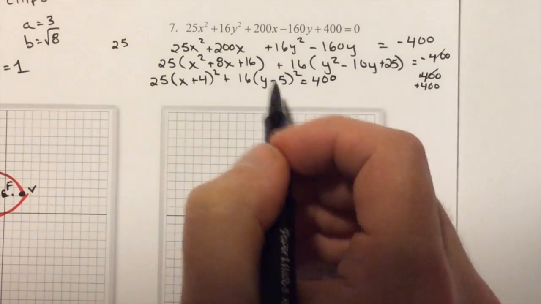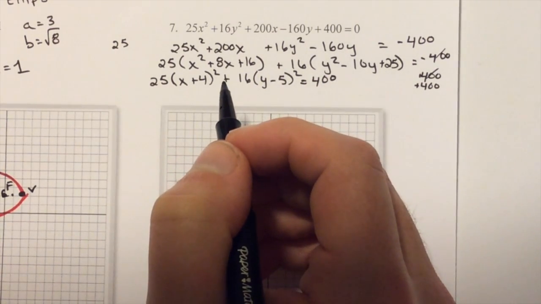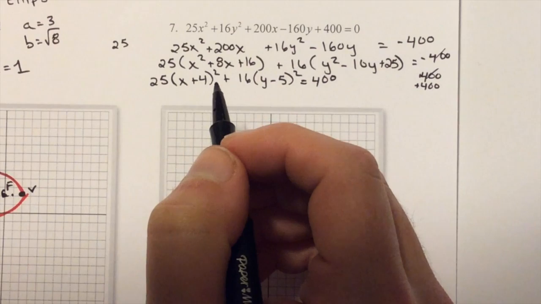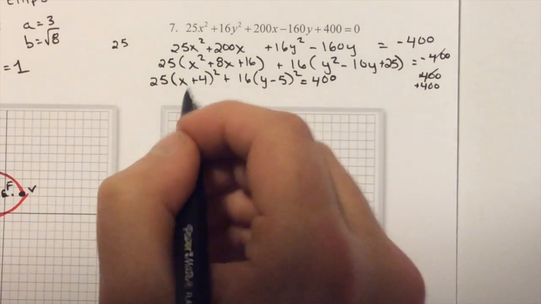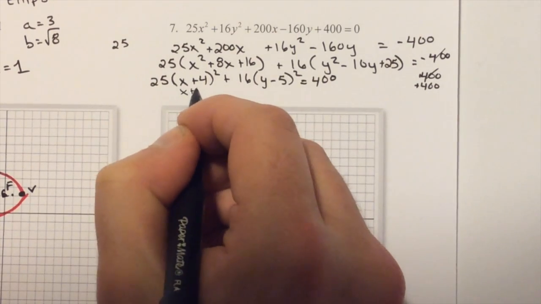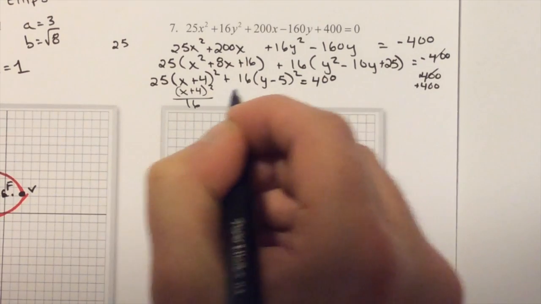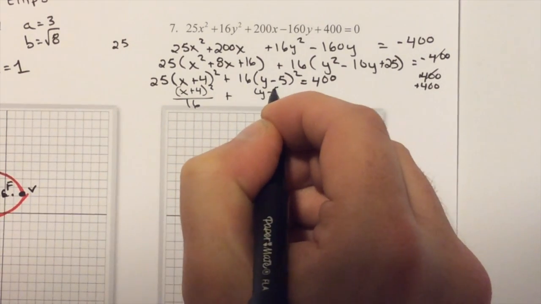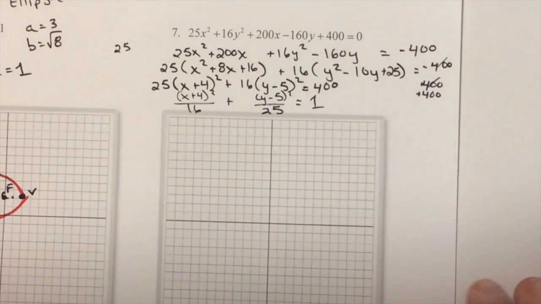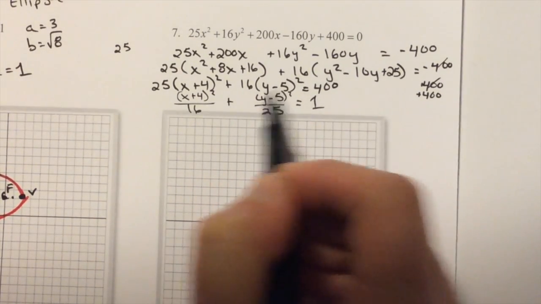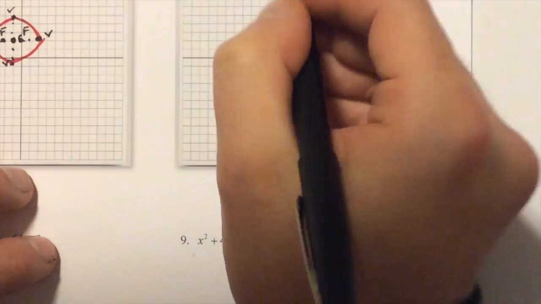So the last thing I do, I need to get this equal to 1 because this is an ellipse. So 25 divided by 400 is 16. So I have x plus 4 squared over 16 plus y minus 5 squared over 25 equals 1. So I see I have an ellipse. My largest number is the y, 25.